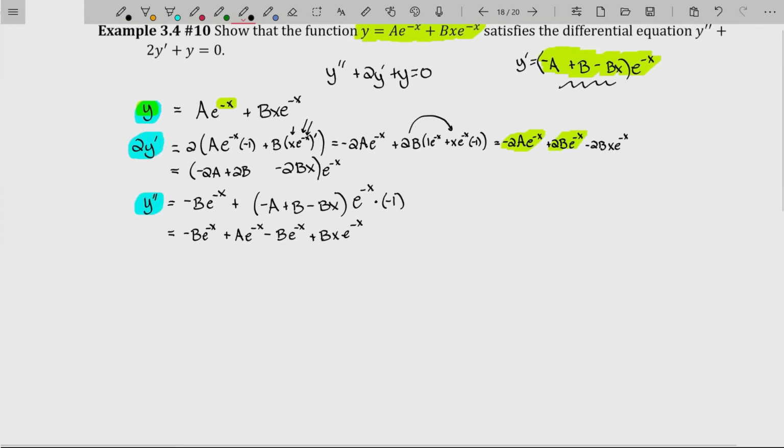So I'm going to add them up and say y double prime plus 2y prime plus y is equal to something times e to the negative x plus something else times x e to the negative x. Let's see what the something times e to the negative x is.